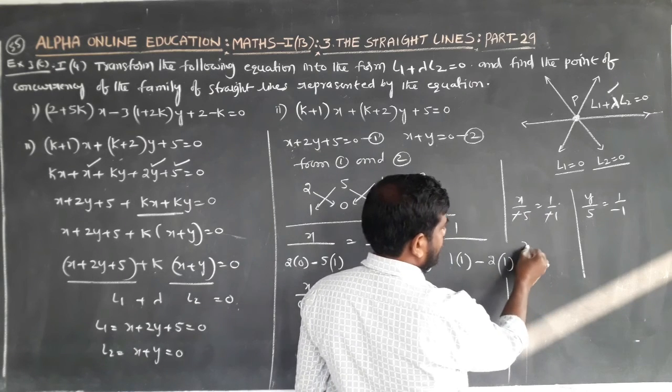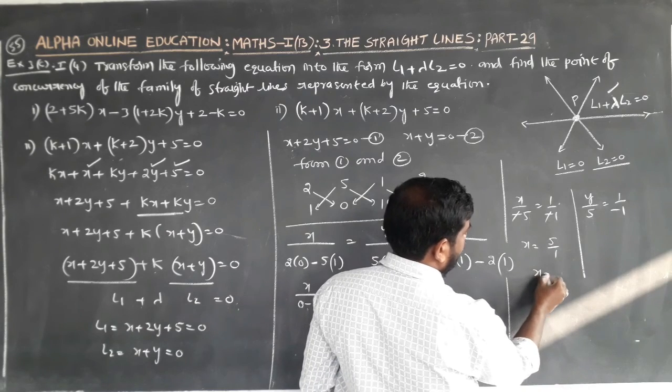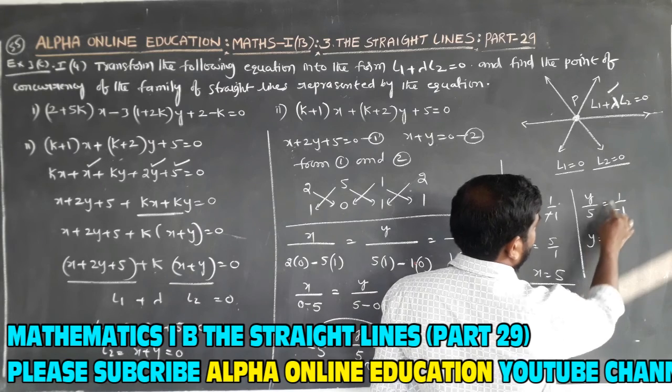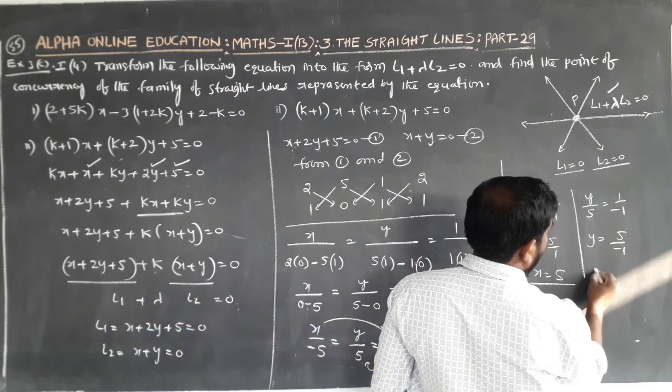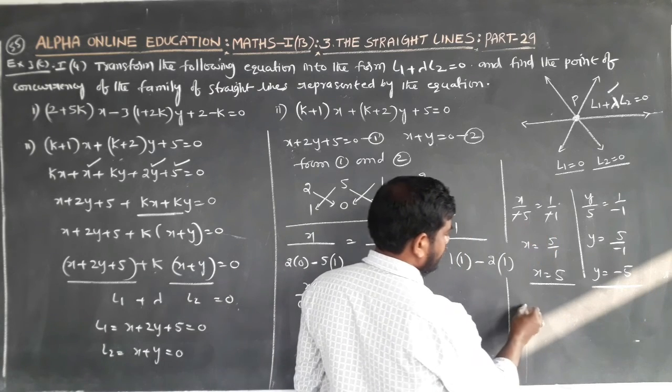Minus minus gets cancelled. X is equal to 5 on the 5 by 1, and 5 by 1 means 5. Y is equal to 5 on the 5 by minus 1, and 5 by minus 1 means minus 5.